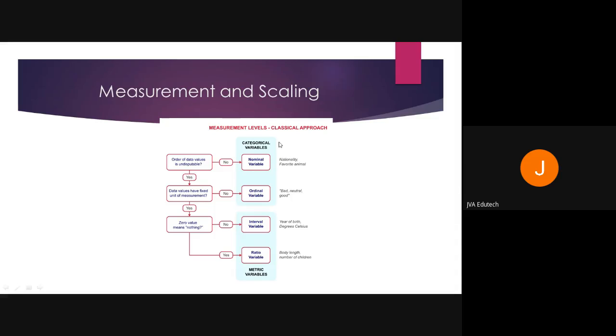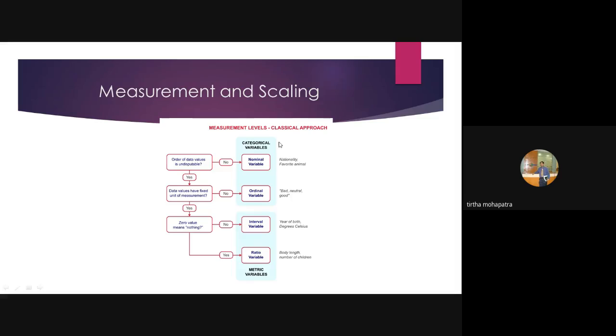Now at the third stage, I've been asked, what is your basis of rating the students as good, better, and best? So I am saying roll number one is good because he ranked third in the class. Roll number two is better because he stood second in the class. Roll number three is best because he stood first in the class.